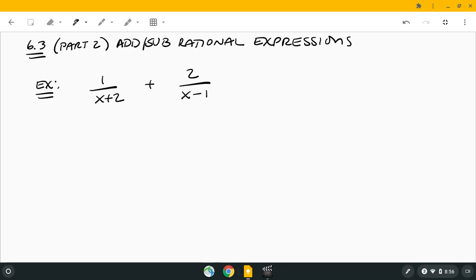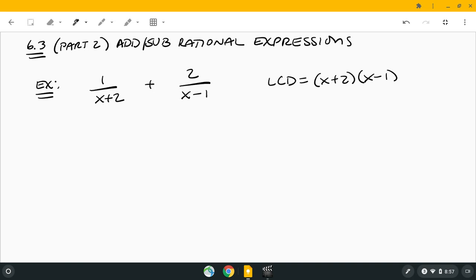So just like with numerical fractions, we need a common denominator to add these. Right now the denominators are not the same. We have x plus 2 and we have x minus 1. So we first start off by finding the LCD. So we see that x plus 2 will be there and x minus 1 will be there.